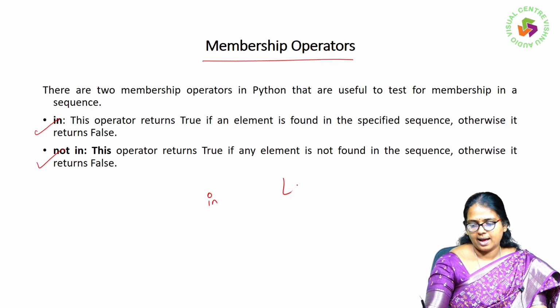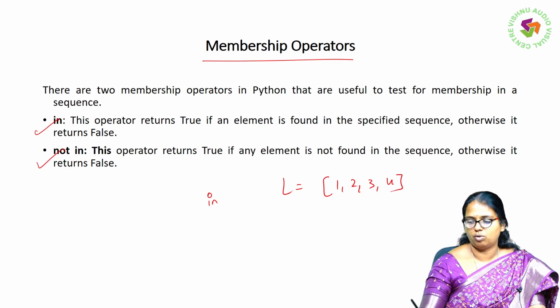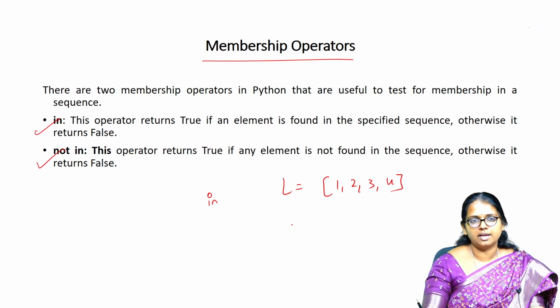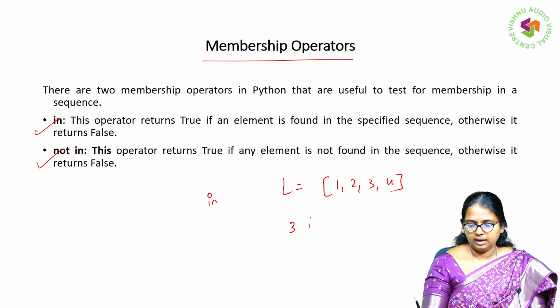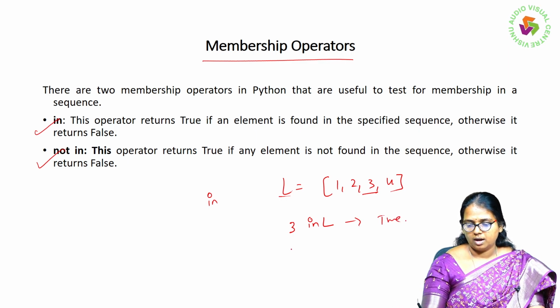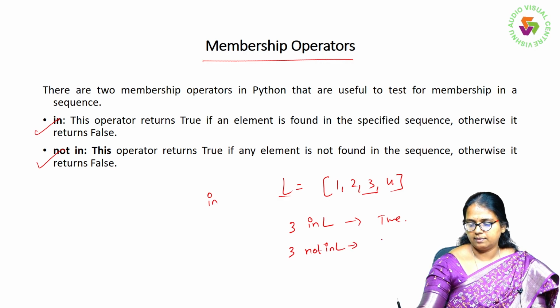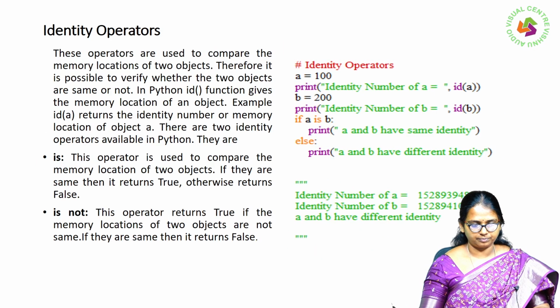For example, I have a list 1, 2, 3, 4. I want to check whether 3 is there in my list or not. 3 in L. 3 is there, no? So it will return true. 3 not in L will return false.